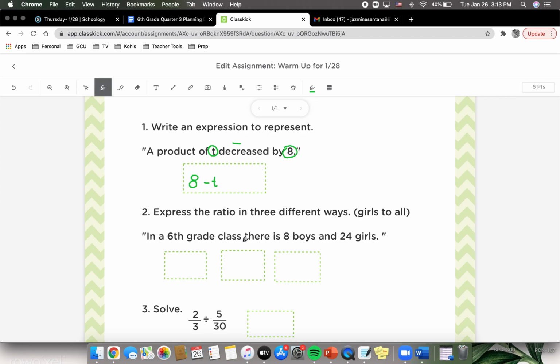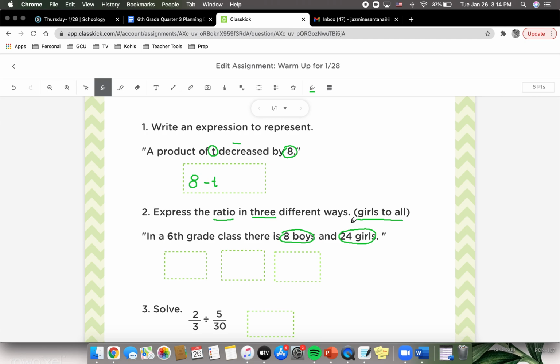Looking at number 2, it says express the ratio in 3 different ways from girls to all. In a 6th grade class, there are 8 boys and 24 girls. So we know that they want us to write a ratio from girls to all.